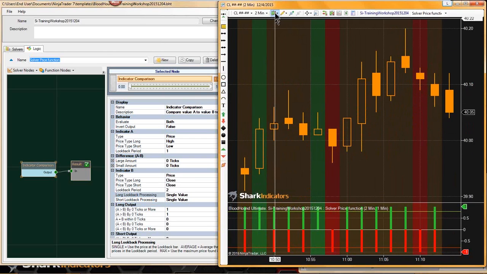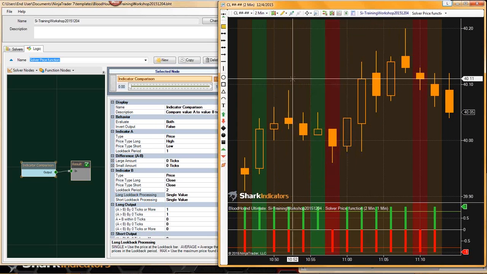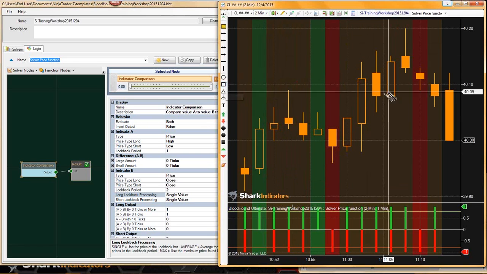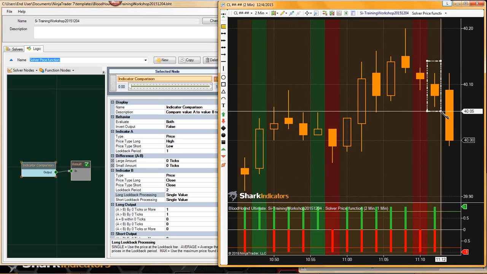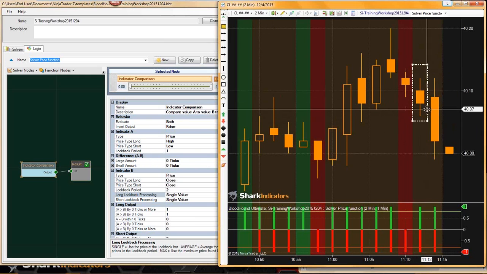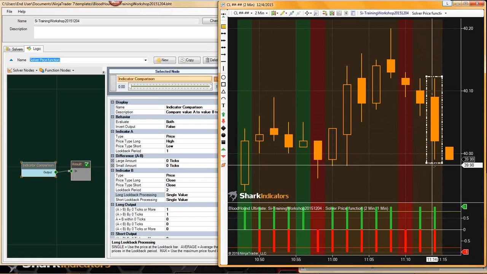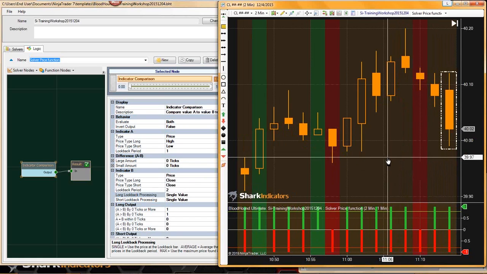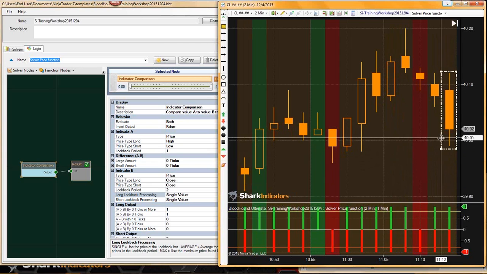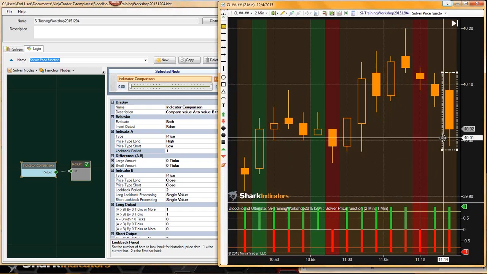Let me get my drawing tool set up here and mark this. All right, this is the current bar. With your look back period set to 1, you're looking at the current bar, the most recent bar.